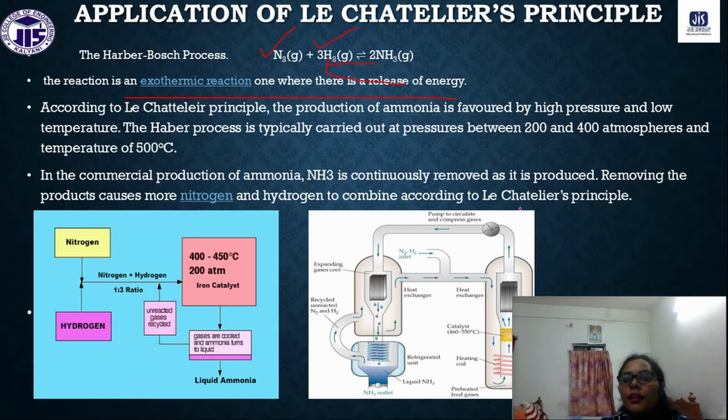Okay, and the other thing is, while the ammonia is produced, that ammonia is constantly removed from the reaction vessel, so the forward reaction keeps taking place, and thus the moles of nitrogen and hydrogen combine and form ammonia to maintain the chemical equilibrium.